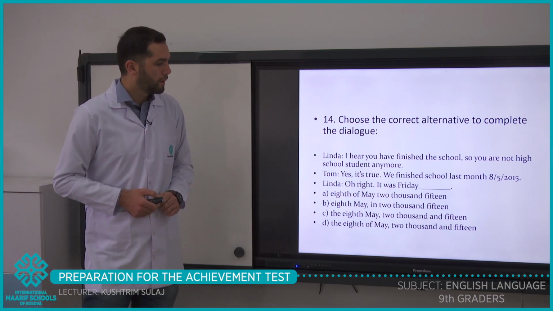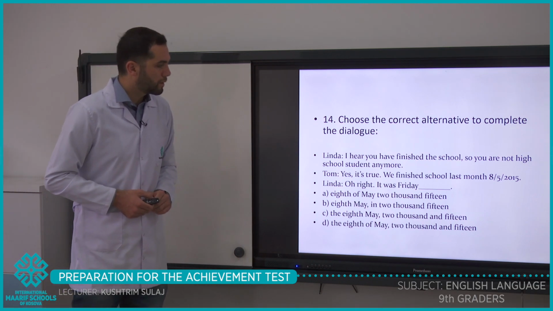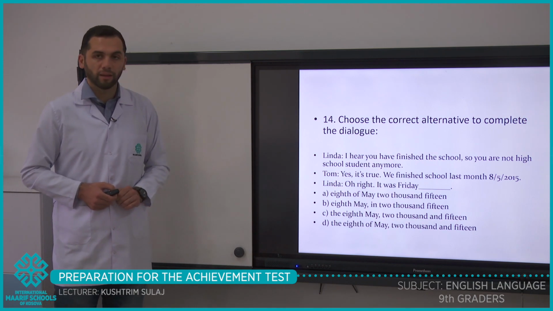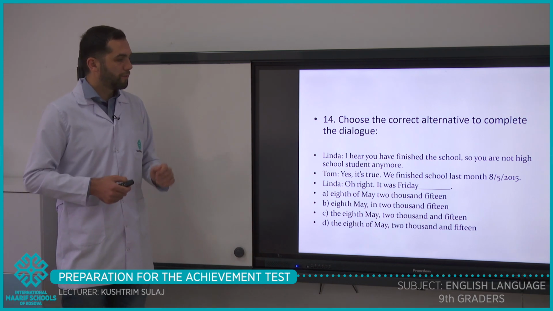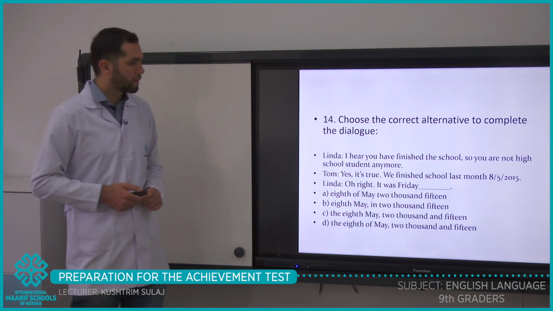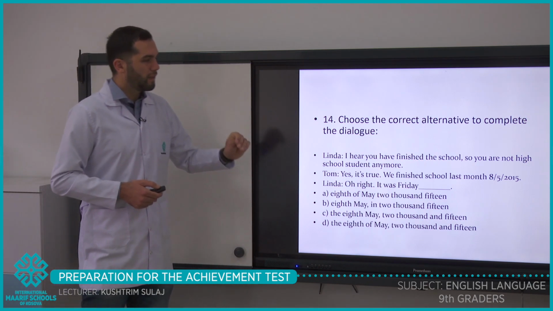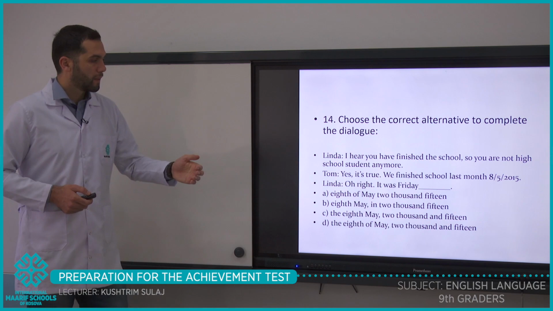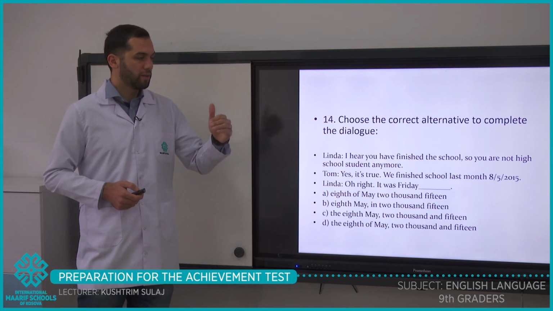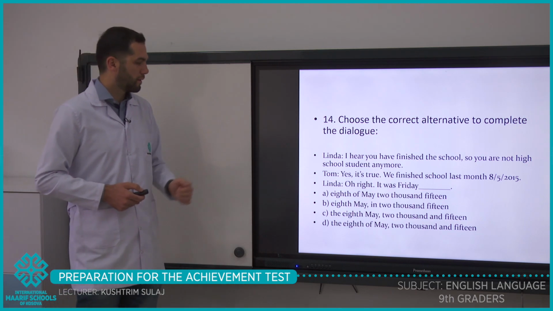If you want to be precise, you have to do research or surf websites in order to read the dates correctly. There is a difference between American and English versions, because usually in the English version they read the date and then the month. But it's vice versa in American style. They read and write the month first and then the date and the year.